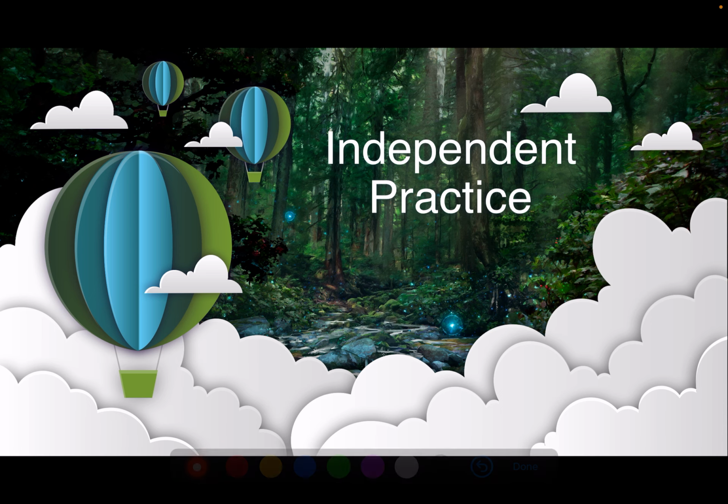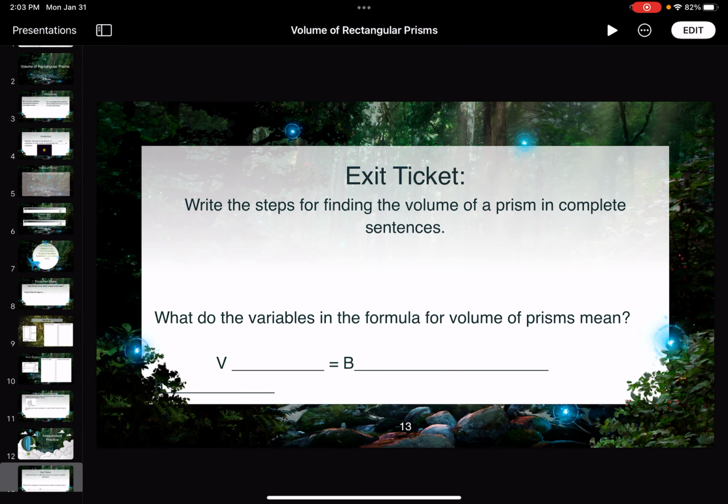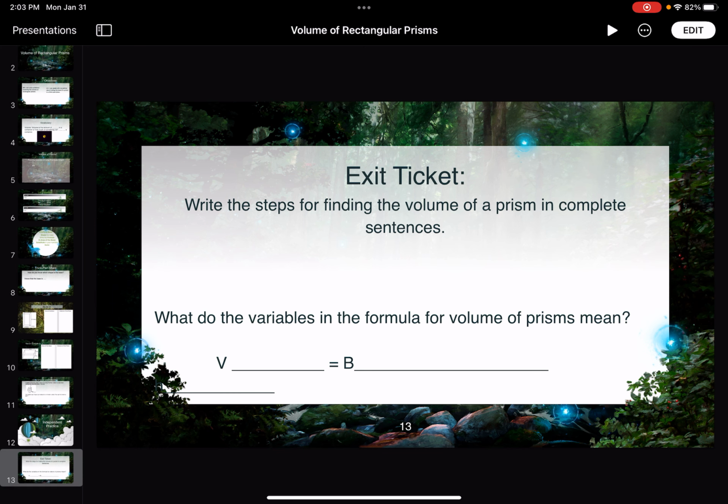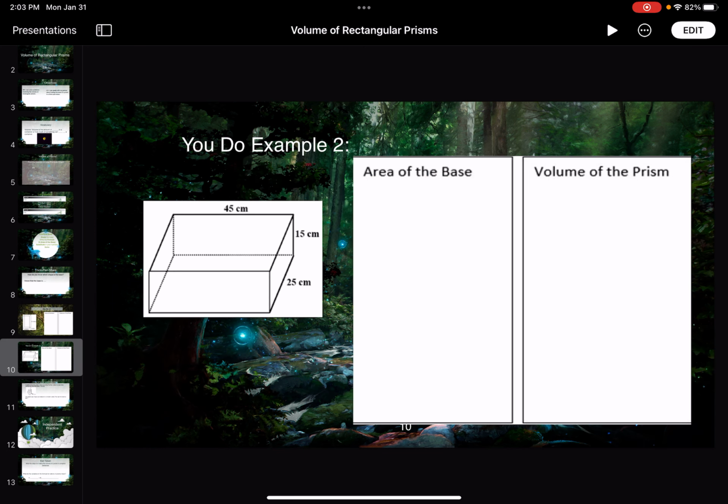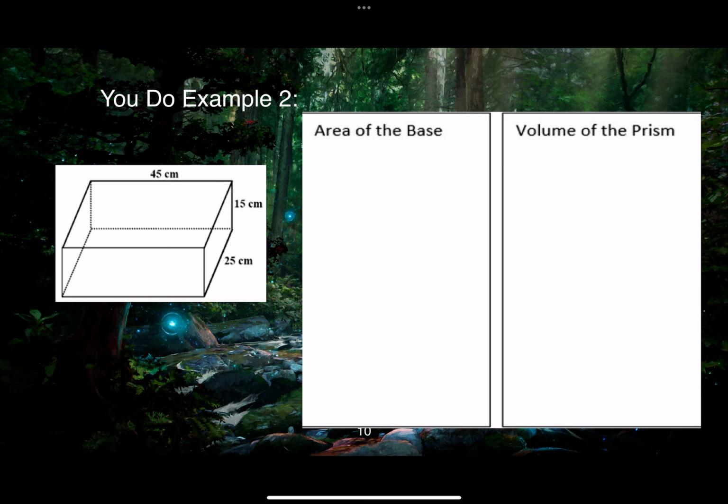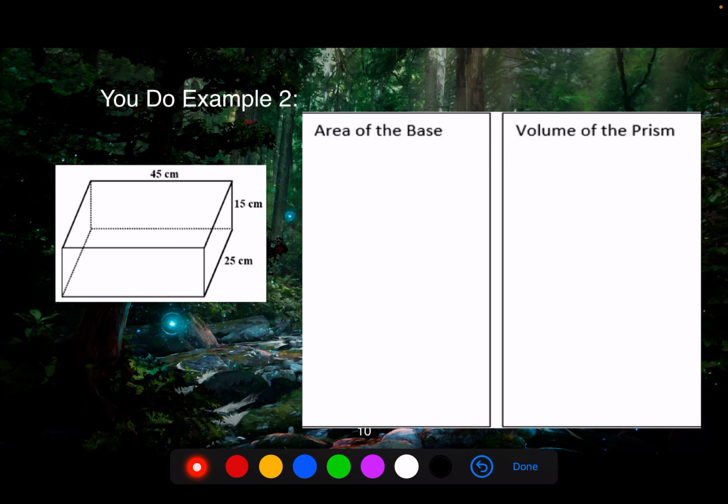I'm going to go back and finish solving the you do just in case you are just for extra help. Okay, so we said this was our base, right? And we said it was a rectangular prism.